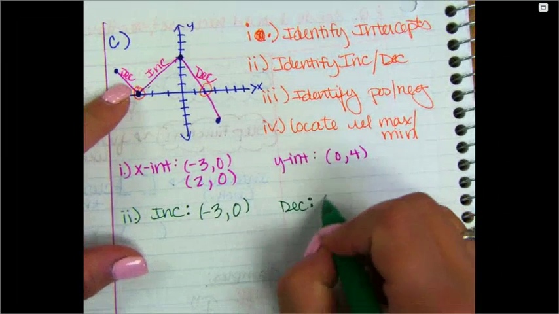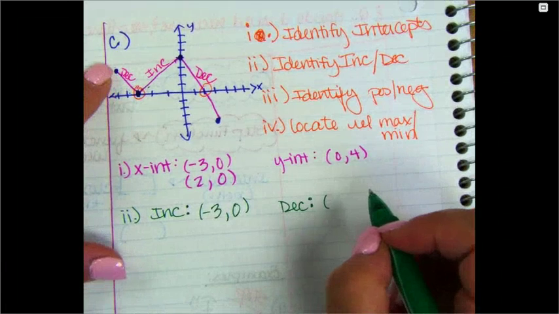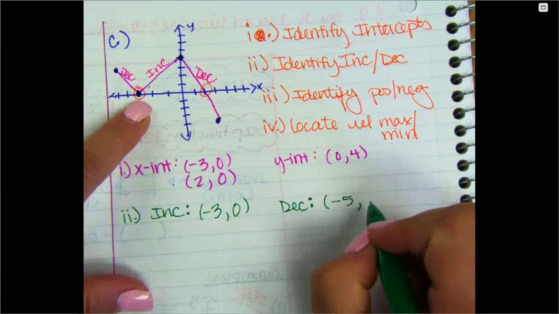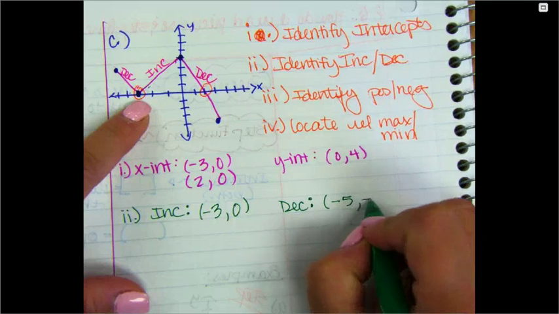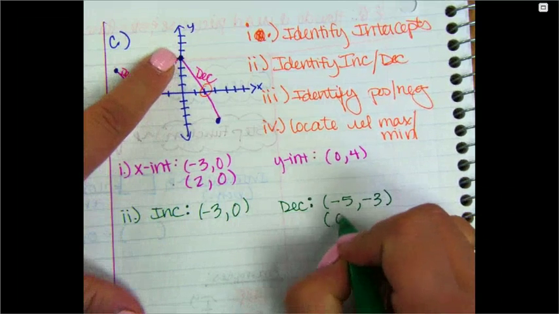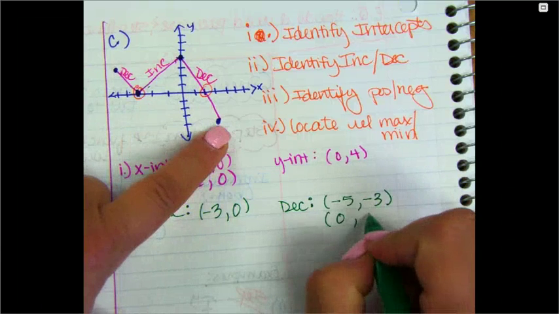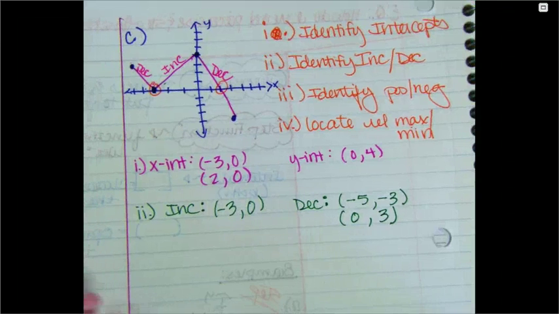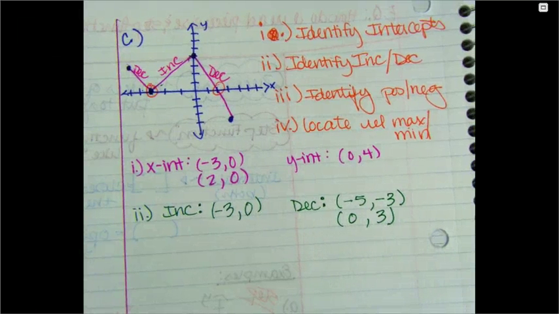All right, decreasing. I have the first one here. So where am I starting? -5, 2. Negative where? -3. Then I start back again at, and I go to +3. Good. Remember? Why is it not infinity? There's no arrows. Good.